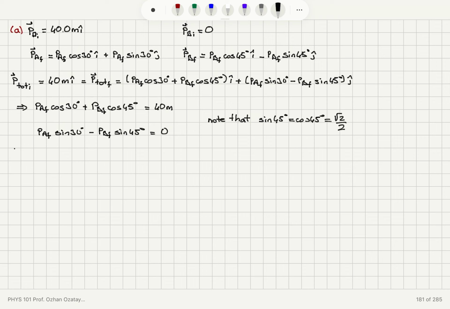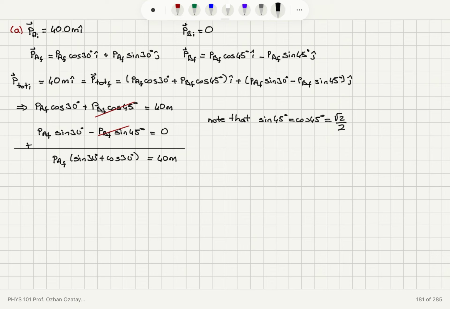So if I add these two equations, I'm going to obtain PA final times sine 30 plus cosine 30 will be equal to 40m. Why? Because sine 45 and cosine 45 are the same thing, so they will cancel when I add them up.